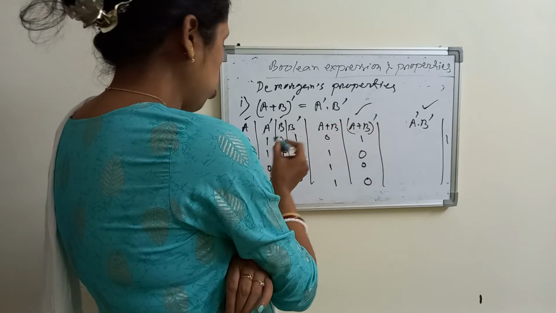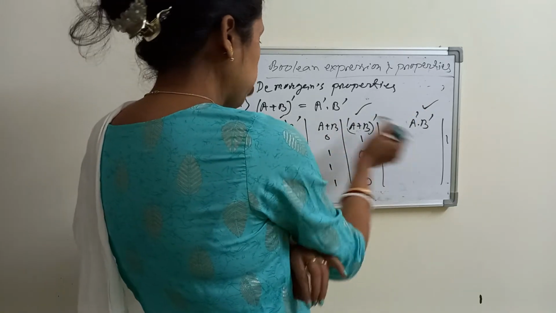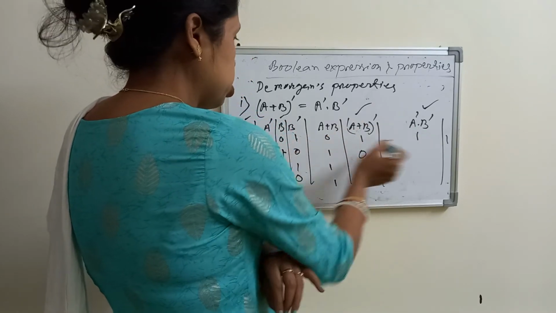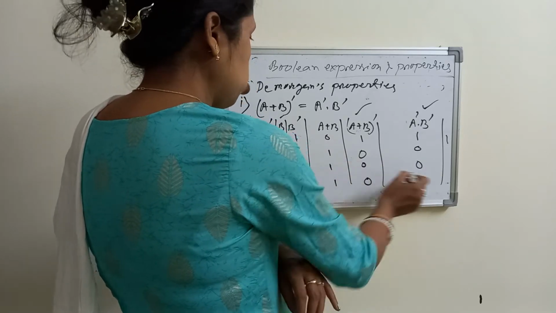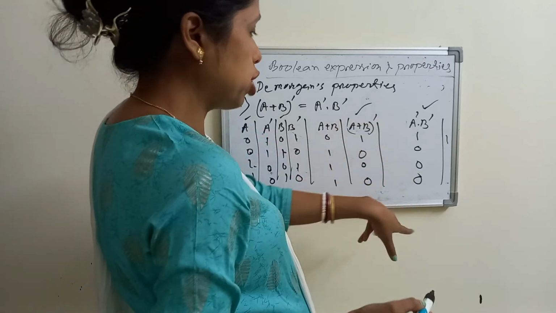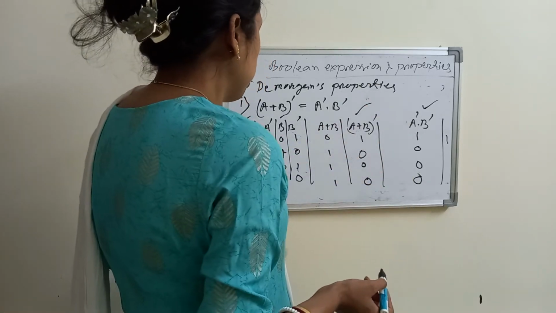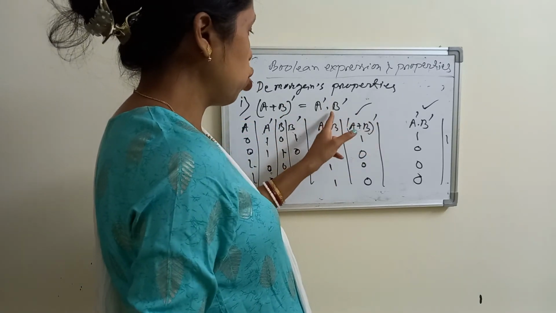I have to do this thing. So a' dot b': 1 dot 1, you know, if you multiply 1 with 1, logical multiply, 1. 1 with 0, 0. Again 0 with 1, 0. 0, 0, 0. Okay. So now you can check these two tables. Corresponding to these two columns, these both values are same. Right? So you can write that (a plus b) complement is equal to a' dot b'.